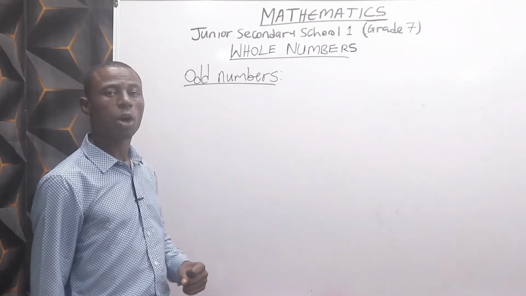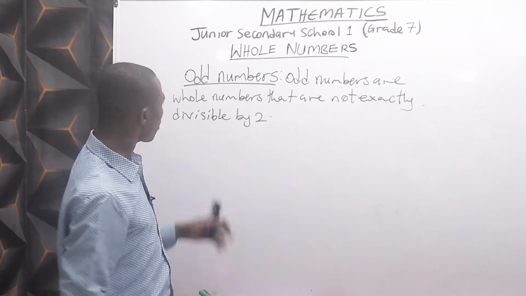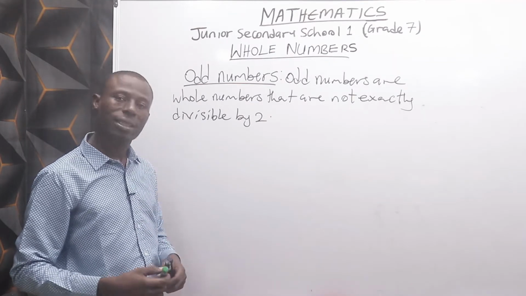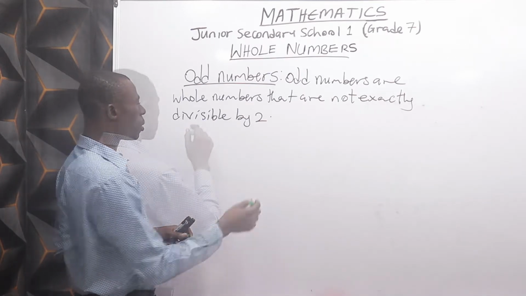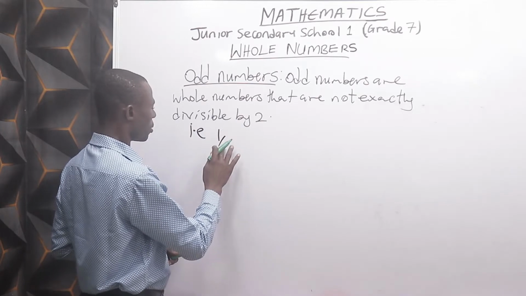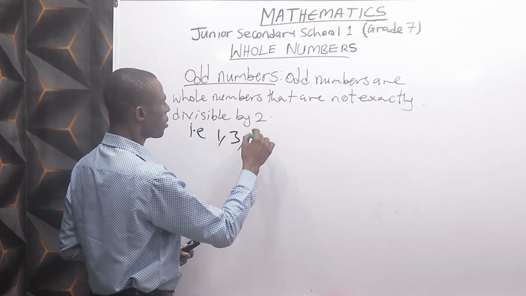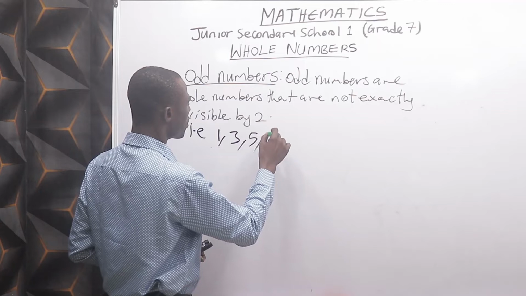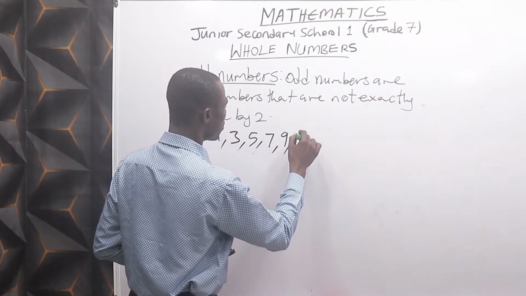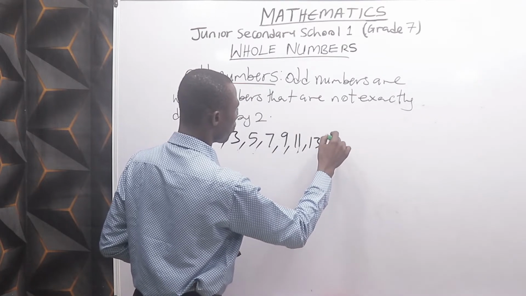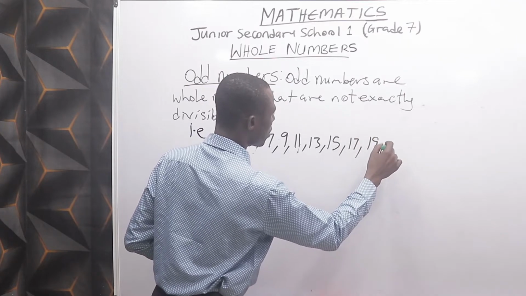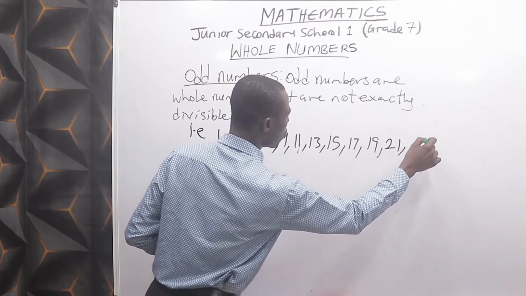Another concept is odd numbers. Odd numbers are whole numbers that are not exactly divisible by 2. The first odd number is 1, followed by 3, 5, 7, 9, 11, 13, 15, 17, 19, 21, and so forth.